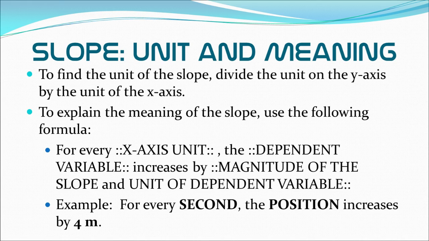So for example, if I was looking at a position versus time graph, for every second, which is the unit on my x-axis, the position, my dependent variable, increases by 4, the magnitude of my slope, meters, the unit of the dependent variable.